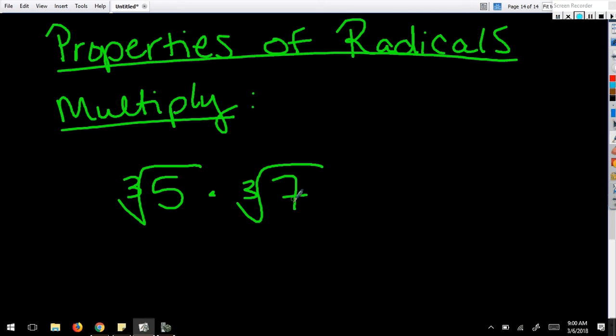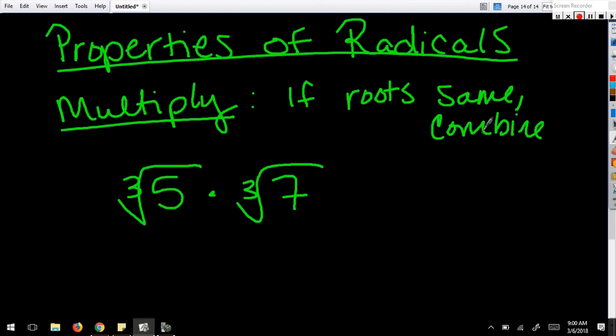If you converted that over to an exponent, it would be 5 to the 1/3 and 7 to the 1/3, right? Okay, so if the exponents are the same, I combine the bases. So here, if the roots are the same, you still combine those bases. So this would be the third root of what?